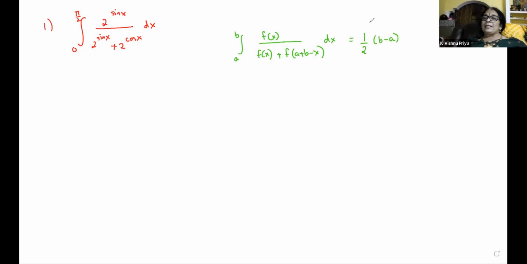Now, why did I tell you this formula or this particular question? Our question is resembling it. Here, A is 0. B is pi by 2. F of x is 2 power sin x.